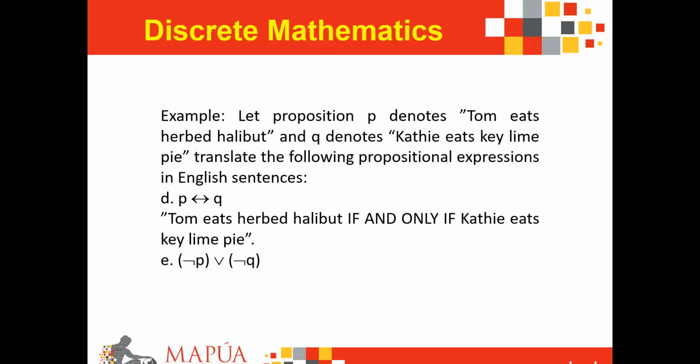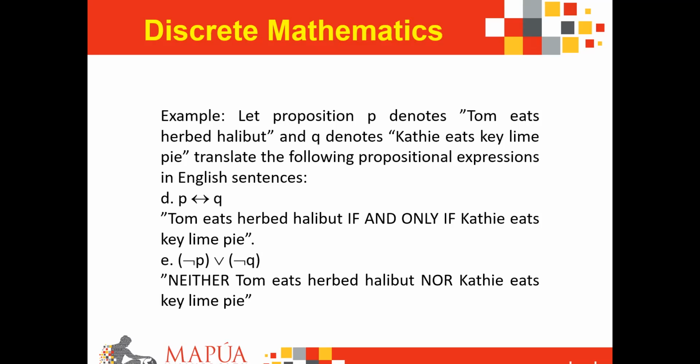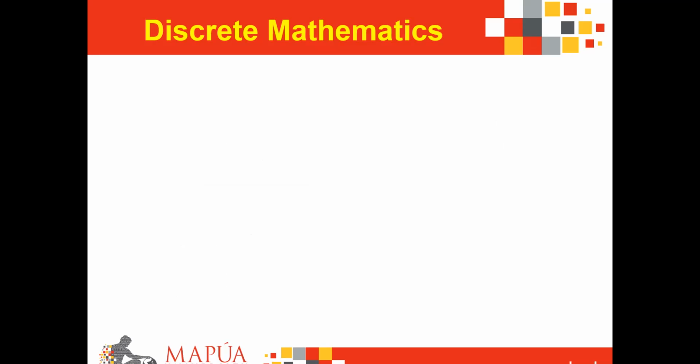That is, if there are no parentheses or brackets in the expression, this tells you which connective should be performed first. So in this case, I perform the negation first by adding the keyword not to my propositions and then applying the word or, the disjunction connective. Hence, the statement can be read as neither Tom eats herb halibut nor Katie eats key lime pie.